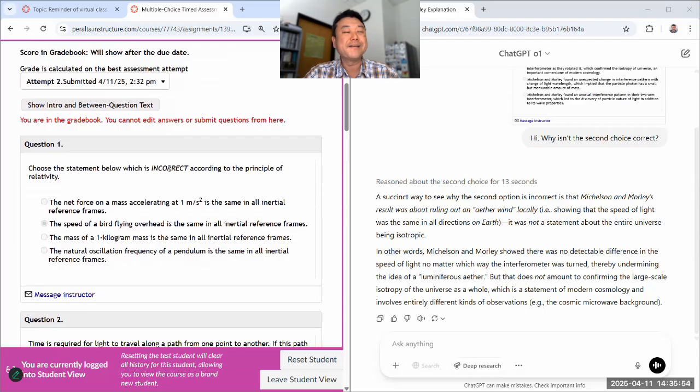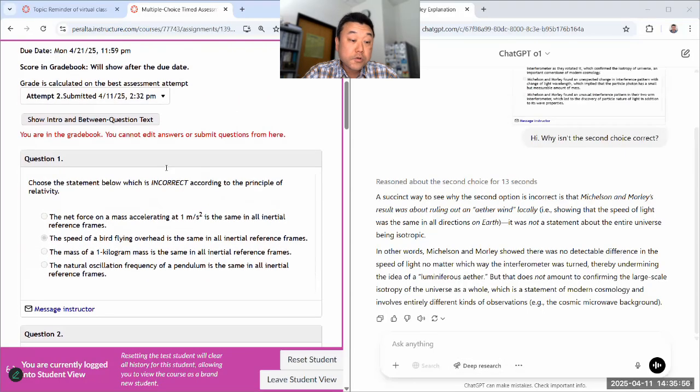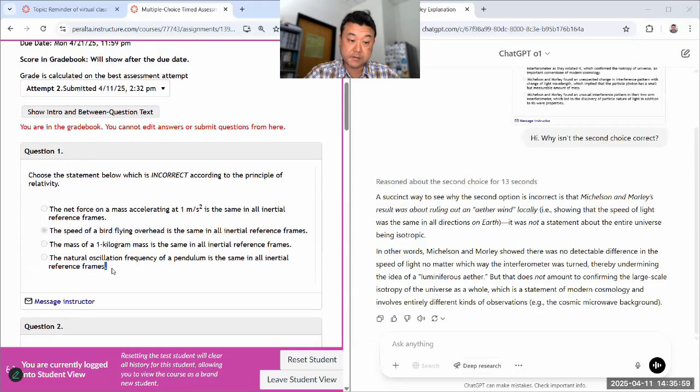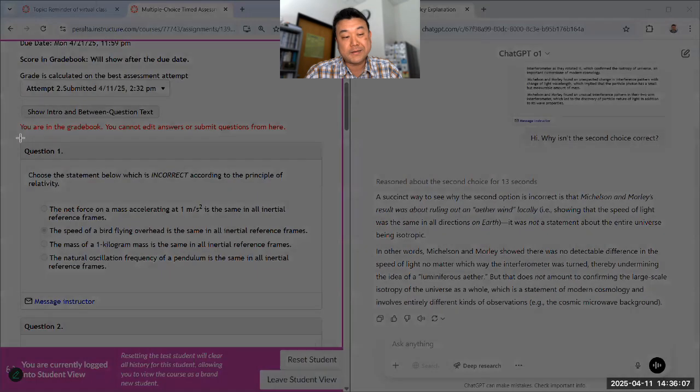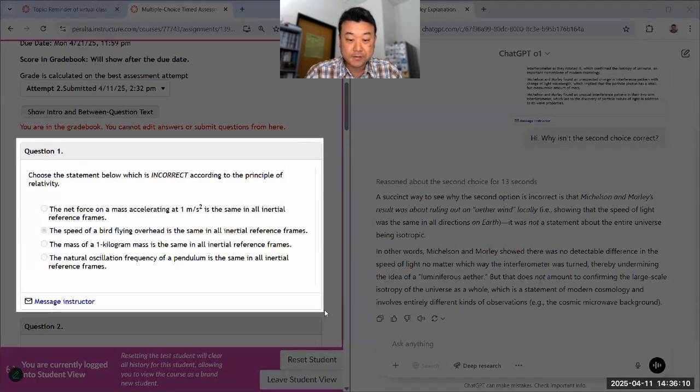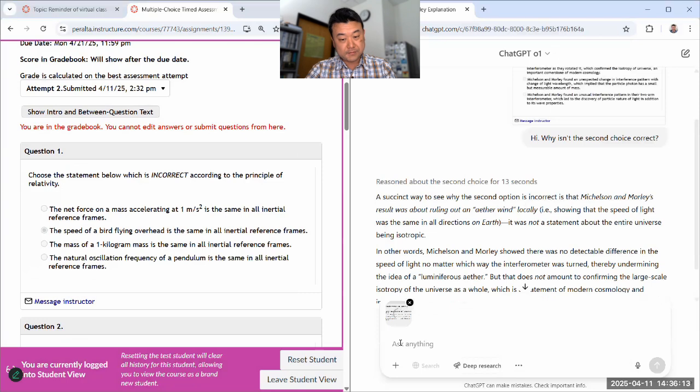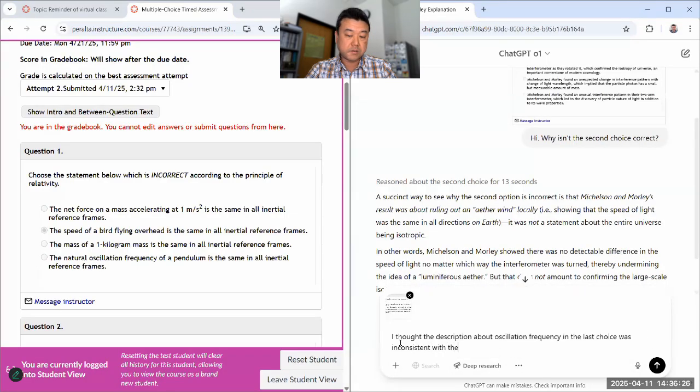This was my attempt. And here you could actually ask, like this last one seems to be inconsistent with the time dilation, so why isn't that the right answer to be incorrect? So you could ask, I thought the description about oscillation frequency in the last choice was inconsistent with the time dilation in special relativity.